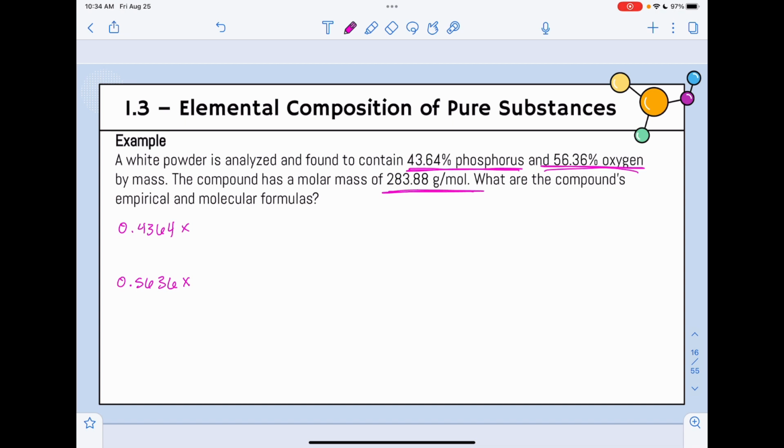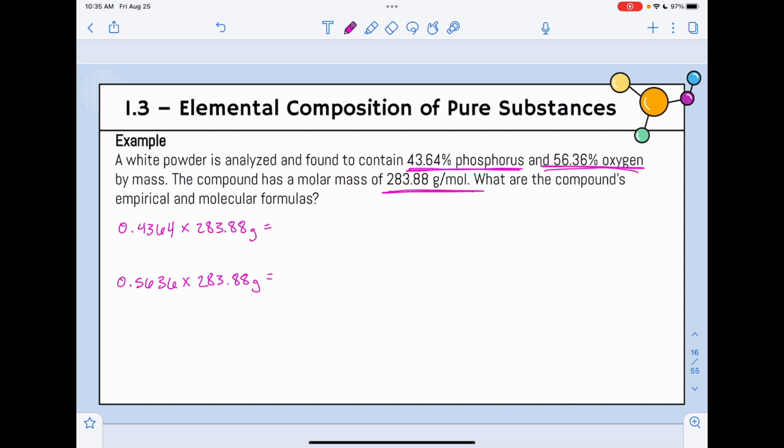So if we have 1 mole of this white powder, we have 283.88 grams. 43.64% of that will get me my grams of phosphorus, and 56.36% of that will get me my oxygen. So let's see what that comes out to be.